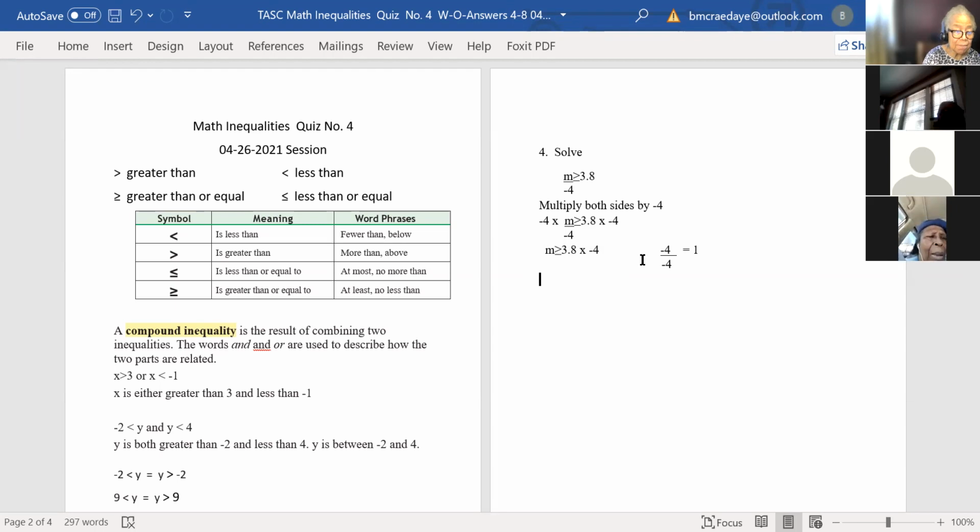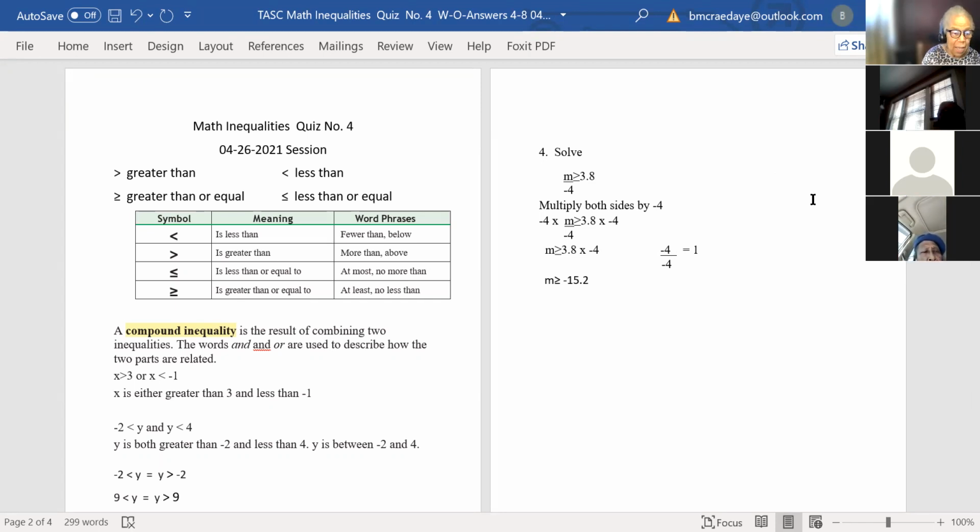What do you get? 4 times 3 is 12. 4 times 0.8 is 3.2. And so you get 3.2 plus 12 is what? 15.2. That's right. Negative 15.2. So this is negative 15.2.